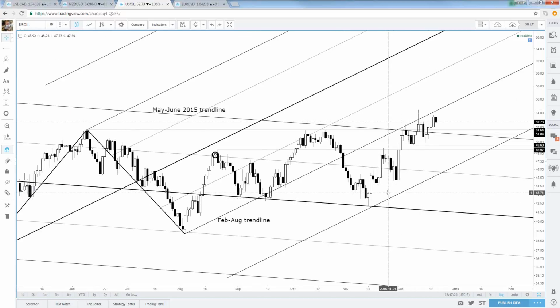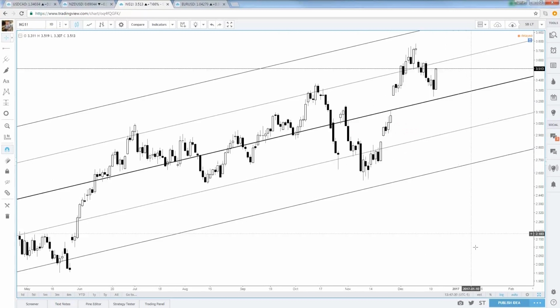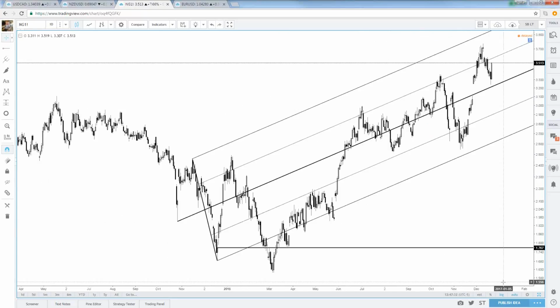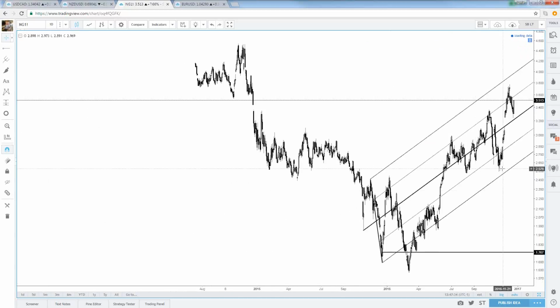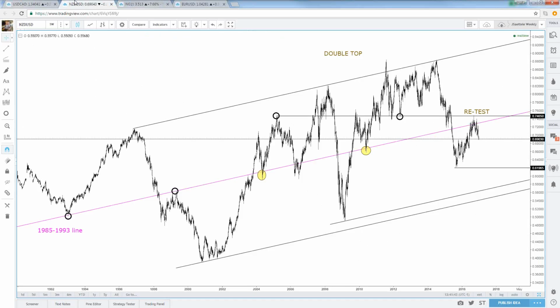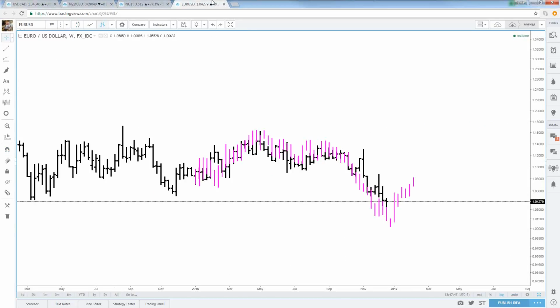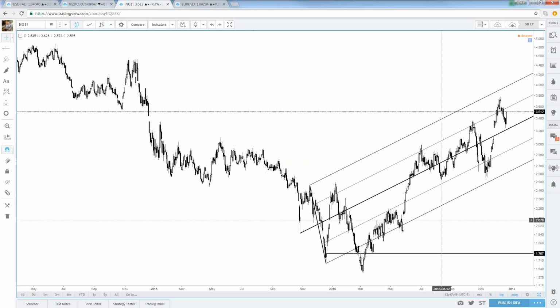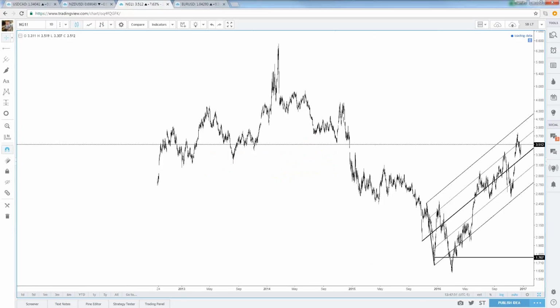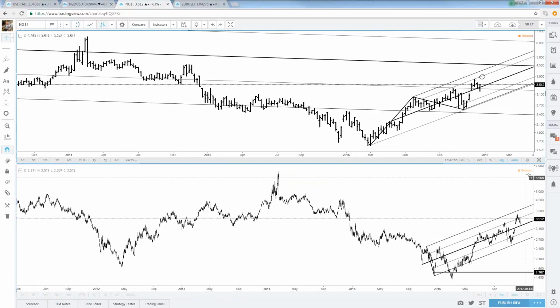And then if we look at nat gas, this was one chart we had. I believe I actually had a different chart up, didn't I? Yeah, this was the chart that I was looking at.